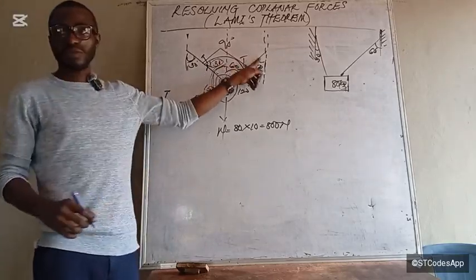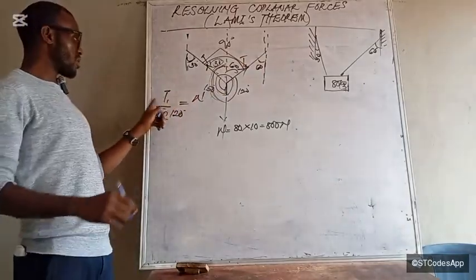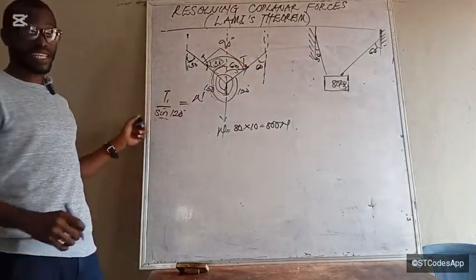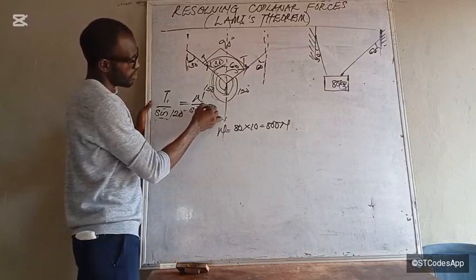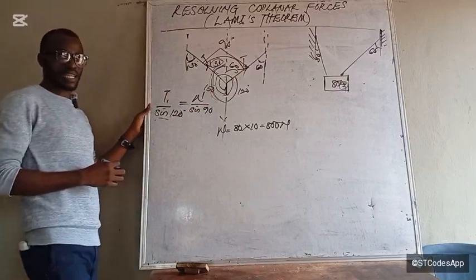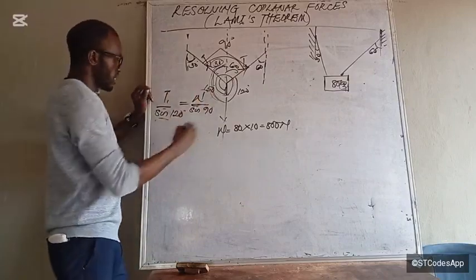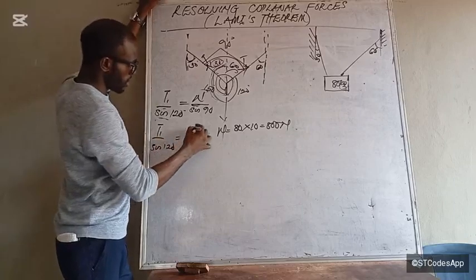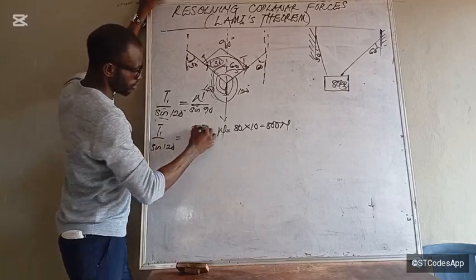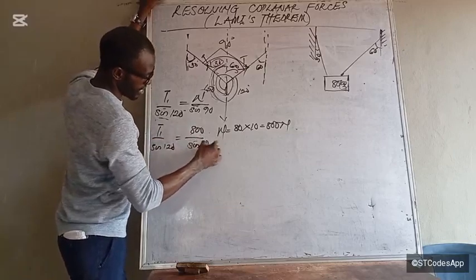We don't know T2, but we know the angle. So we have two unknowns. Is it making sense? So W over sine 90. Is it clear? So from here, what's W? 800. So T1 over sine 120 equals 800 over sine 90.